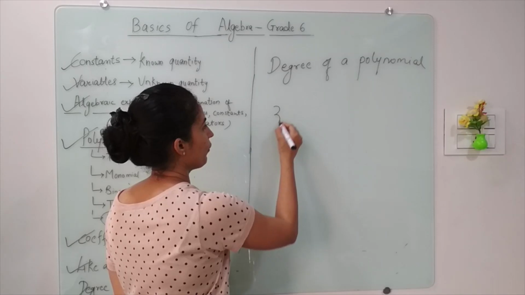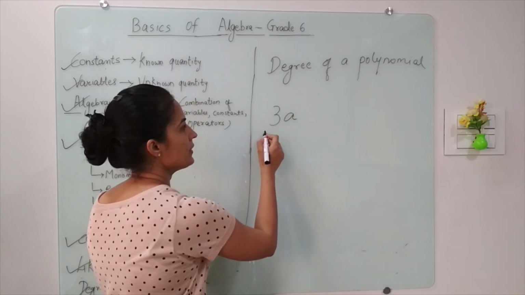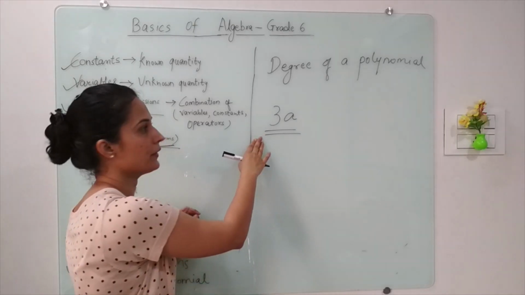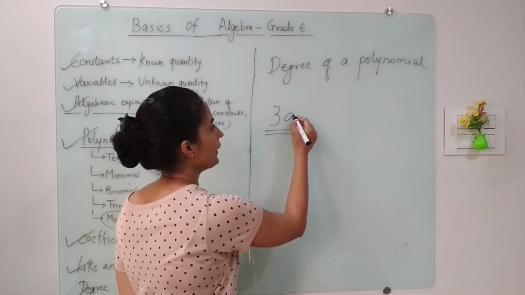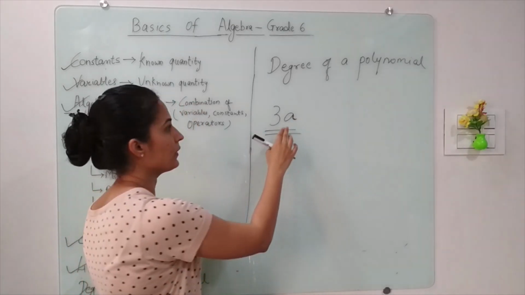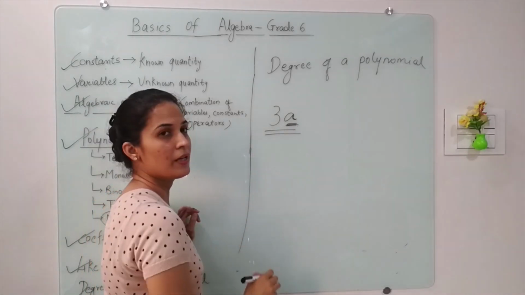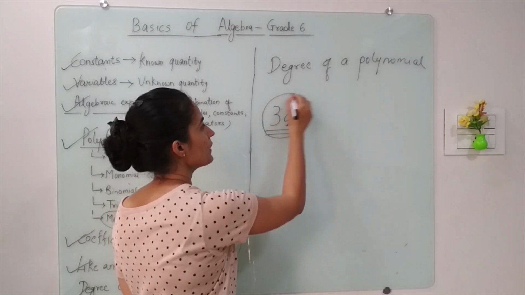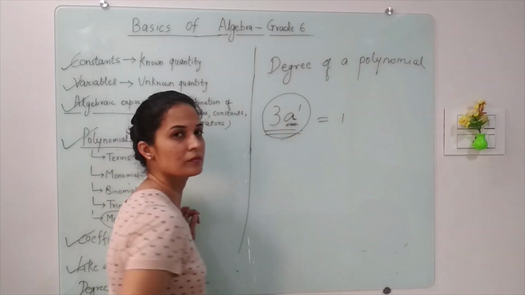Let's take an example of 3a. This is one polynomial, a monomial. I have taken only one term here. Now the variable part here is a, and the degree of this is 1. So the degree of this complete polynomial is 1.